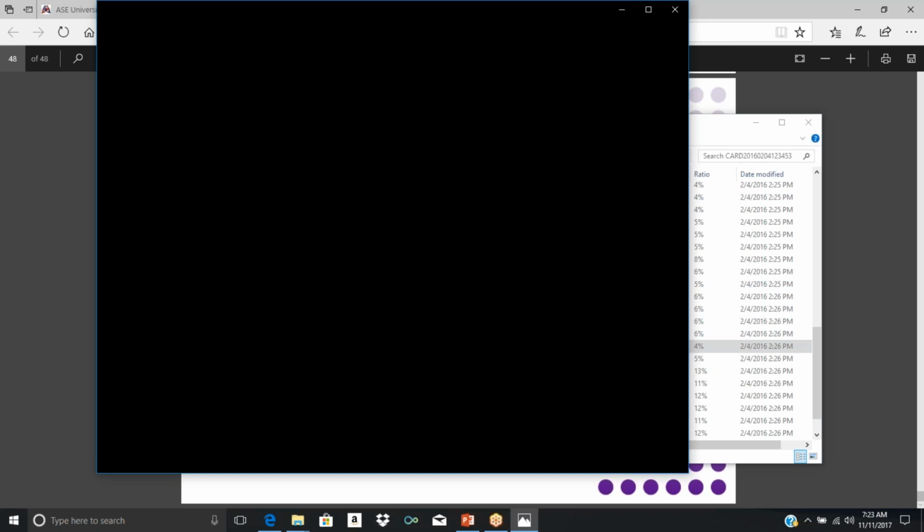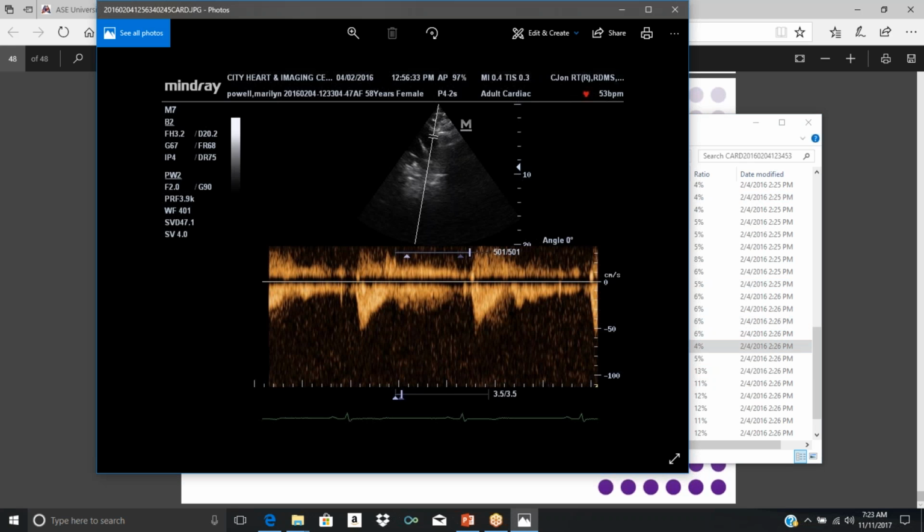So, of course, you position your transducer in the suprasternal notch, and you can either look at the ascending aorta, the arch, or the descending aorta. This is actually in the descending aorta. So the transducer is right there, descending aorta. Blood is flowing away from the transducer, so it's below the baseline.